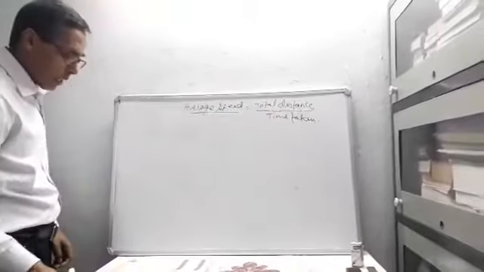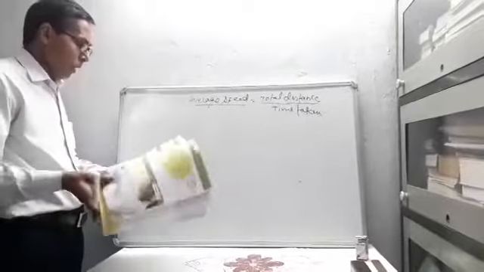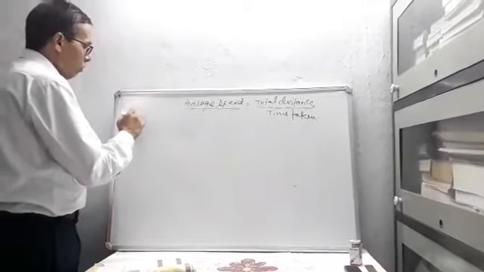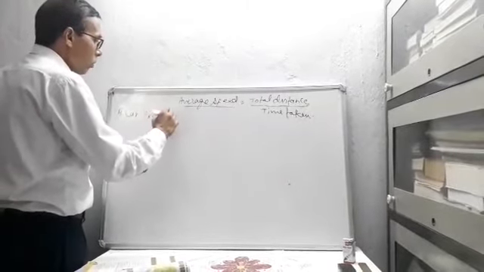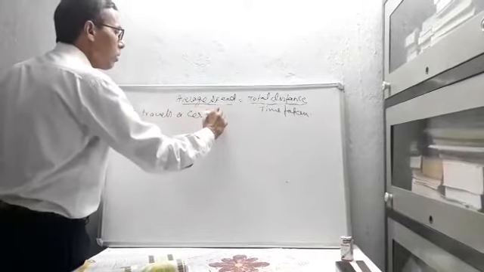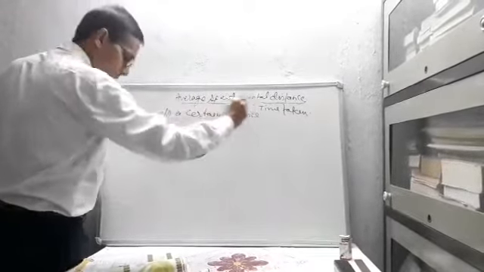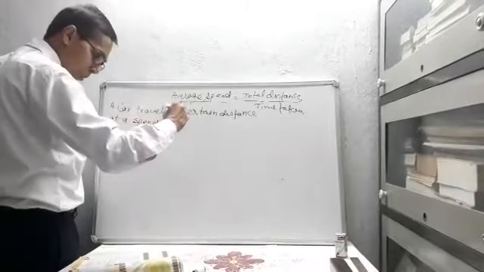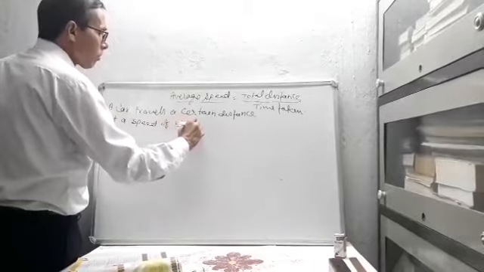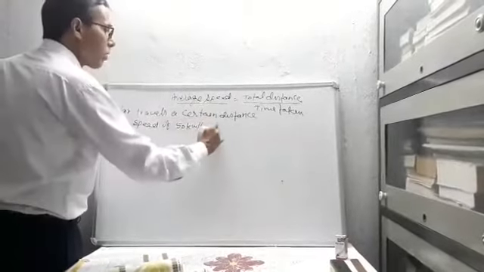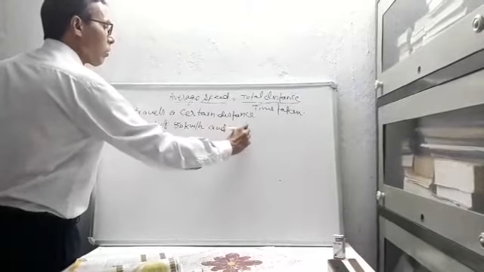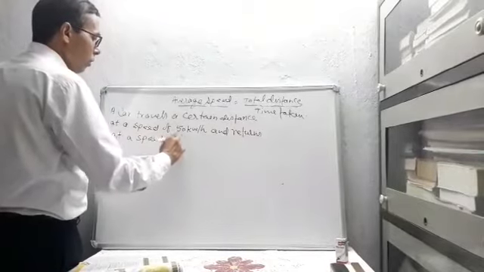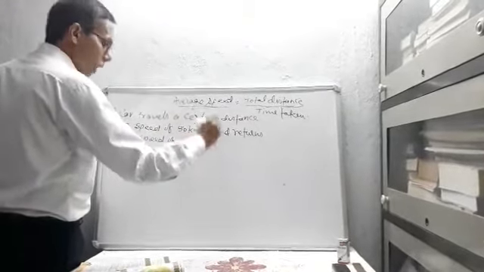Now one question in your exercise, a hot question. A car travels a certain distance at a speed of 50 km per hour and returns at a speed of 40 km per hour.